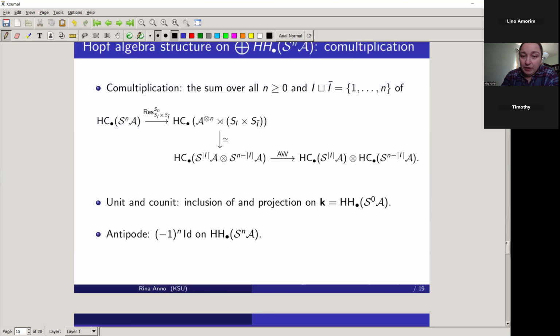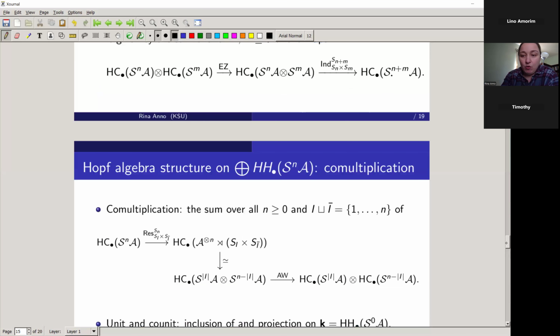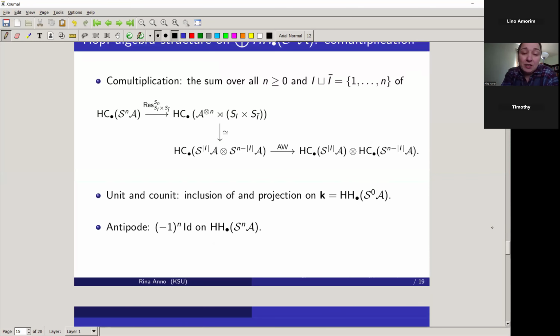So comultiplication is doing things in the opposite order. We first restrict from S_n to S_I cross S_I bar, where I and I bar is a sum over all the ways to split the set 1 through n into two sets of certain order.